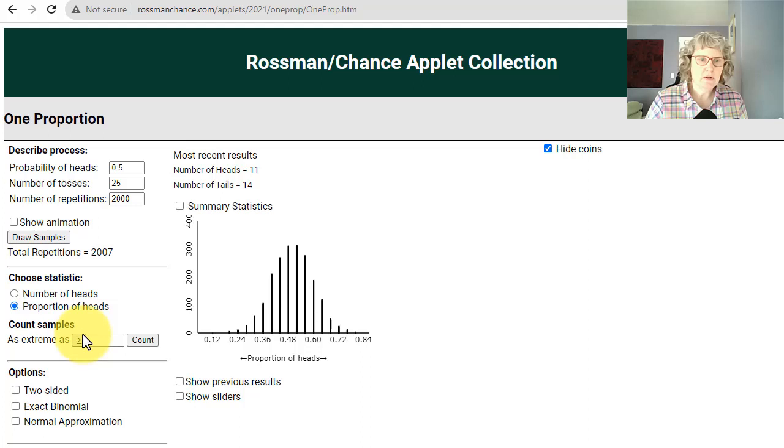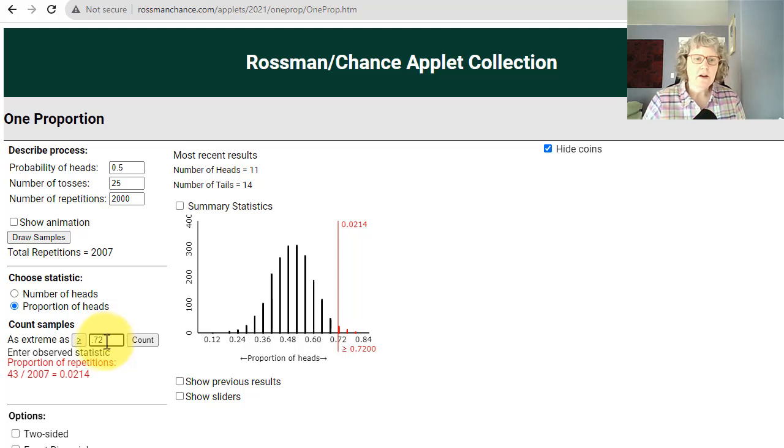We said we want to count examples as extreme as what we got, which was 18 out of 25, or 0.72. So I'm going to put in 0.72 there, and it counts the number of simulations where that happened. So 43 out of the 2,000 that I did had a chance of getting the result that we got, 72% or higher, 0.0214 of the time, okay?